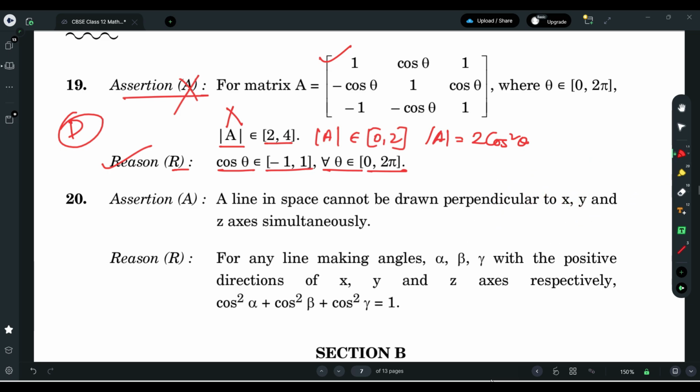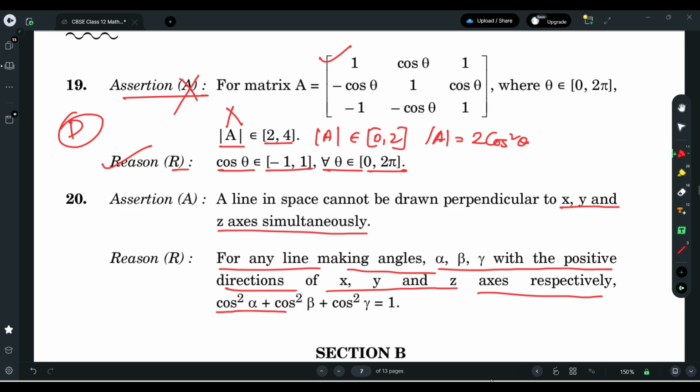Assertion: a line in space cannot be drawn perpendicular to the x, y, and z axes simultaneously. Okay. For any line making angles alpha, beta, gamma with the positive directions of the x, y, and z axes respectively, cos square alpha plus cos square beta plus cos square gamma equals 1. So these are the direction cosines, and the sum of the squares of the direction cosines is 1.